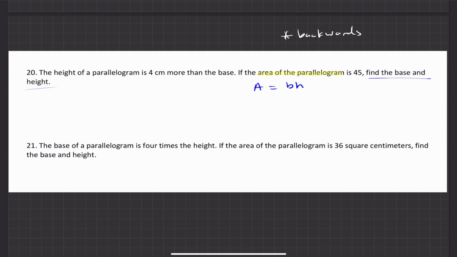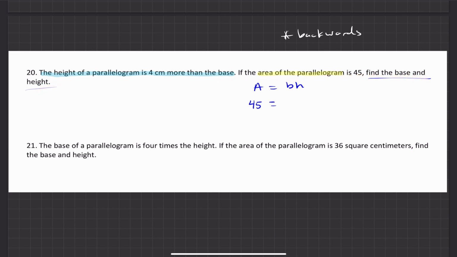Okay, well, we know that A, or the area, is 45, so replace A with 45. And that is equal to the base. So I'm going to look around. I don't see how long the base is. All I can see is this sentence right here. The height of a parallelogram is 4 centimeters more than the base, which we don't even know what the base is.